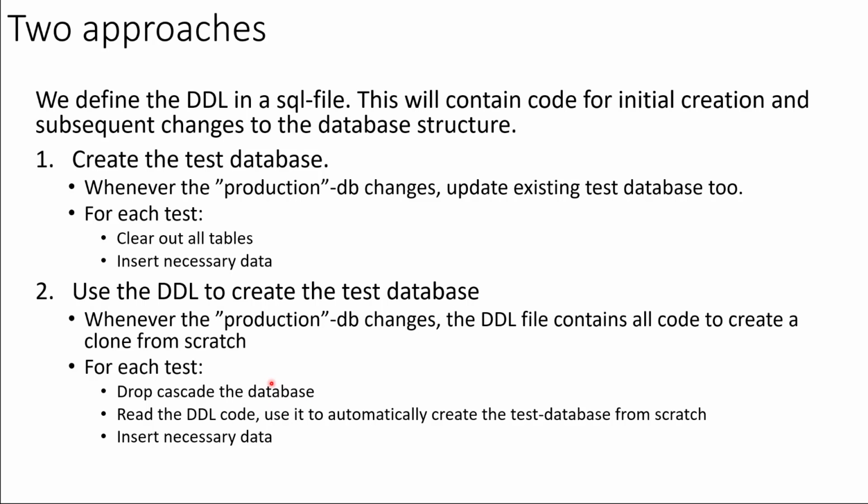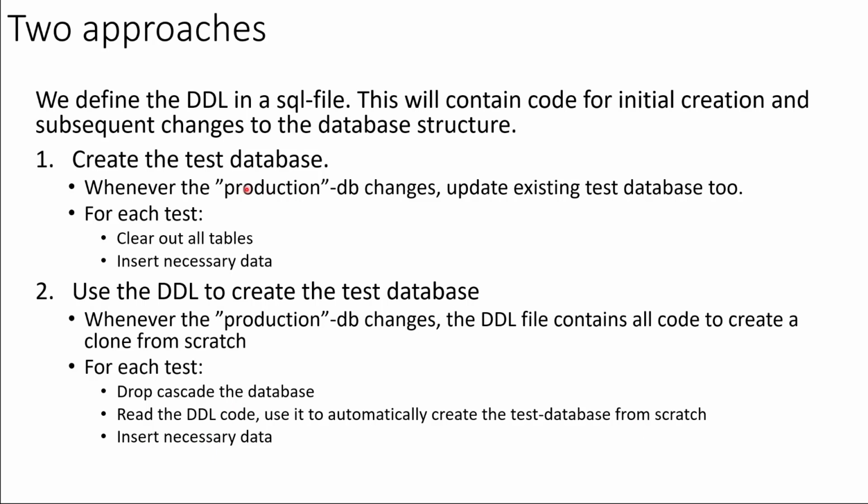But anyway, we drop the database or schema, so everything that we have for the database of the system is removed entirely. Then we just read the file and execute that SQL against the database, so it's recreated from scratch every time. And then we can insert the necessary data.